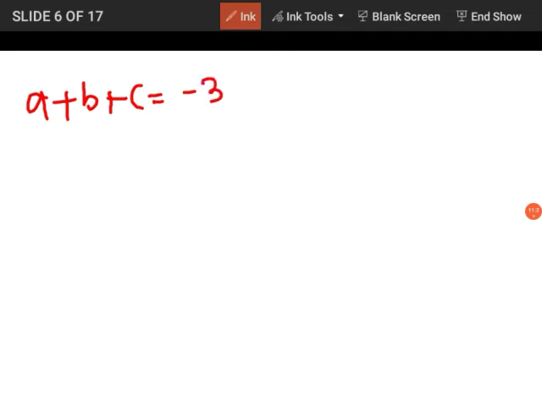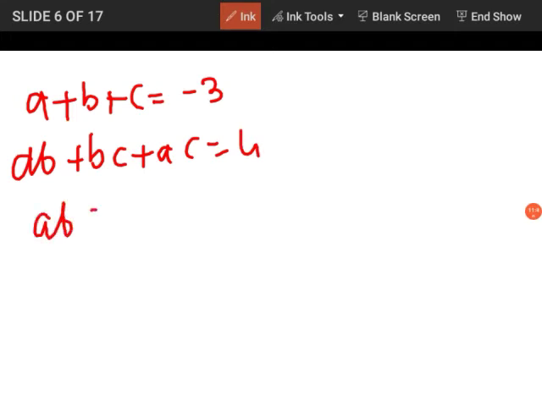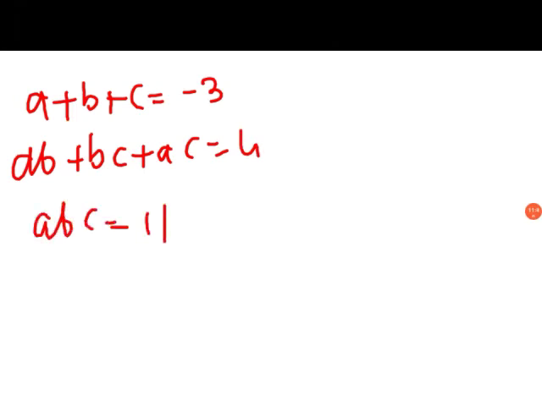Minus 3. Similarly, I am writing all the relations between the roots and the coefficients. Then we can write that ab plus bc plus ac is equal to 4, again with the help of Vieta's relation, and the product of the roots will be 11.